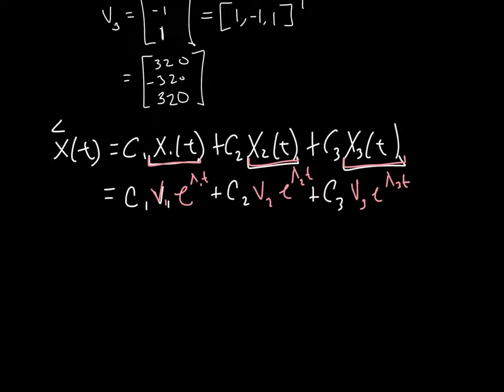And so we obtained the following. Let me insert the vectors here. My first lambda was 1, so e to the 1t, that's just e to the t.